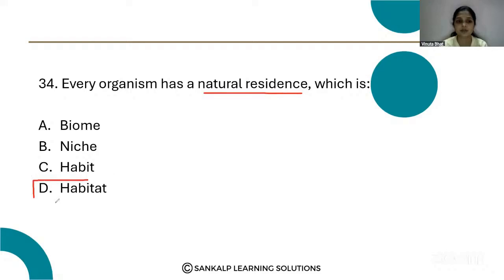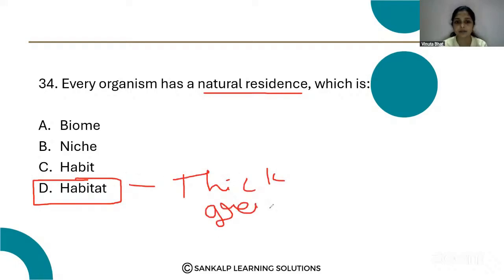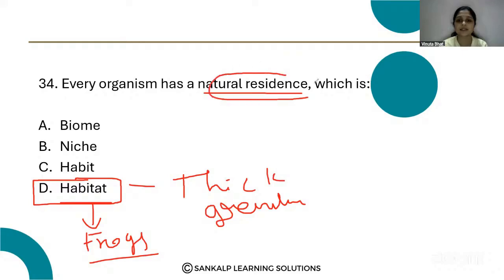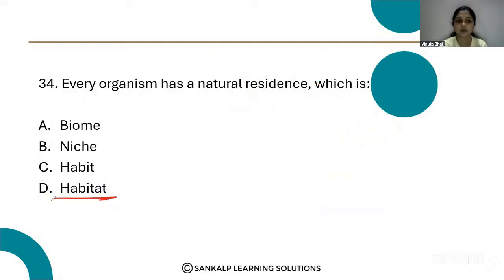So option D, for example, thick forest or grassland. Grassland is the habitat of some frogs and insects. For birds, trees are the natural residence, right? So that is called the habitat, option D.